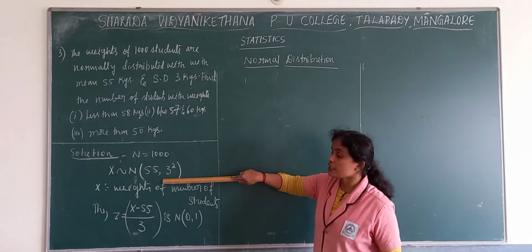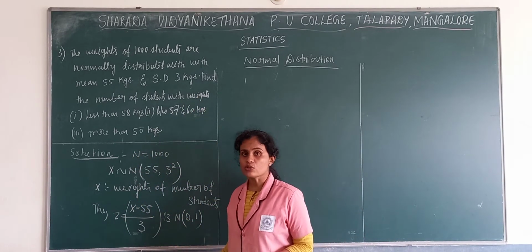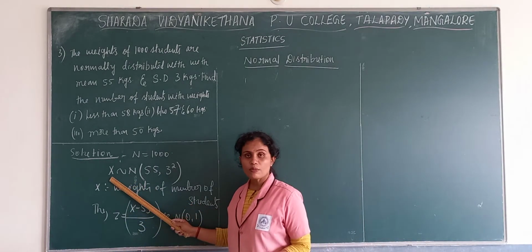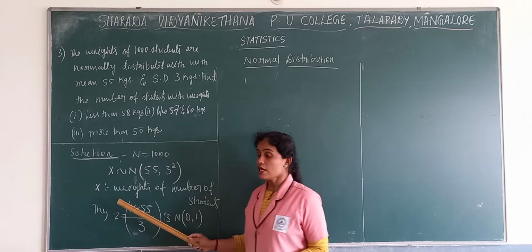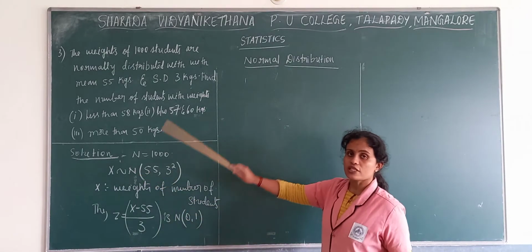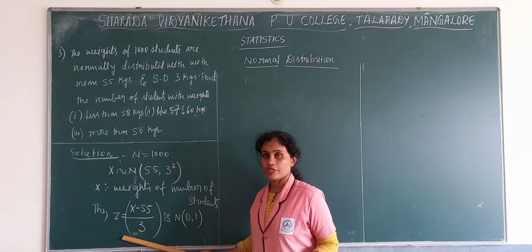What we are doing in this particular problem is converting a normal distribution problem into a standard normal distribution. X is a normal variate and Z is a standard normal variate. By using this formula, we are converting the normal variate into a standard normal variate.